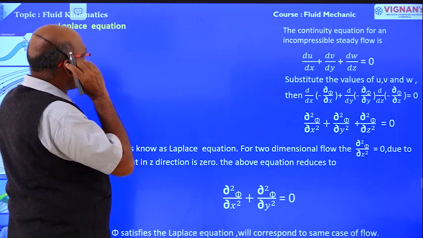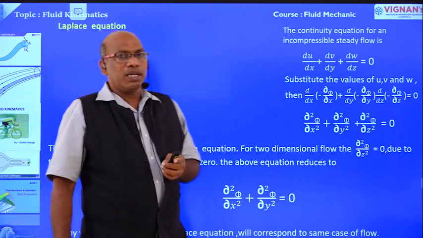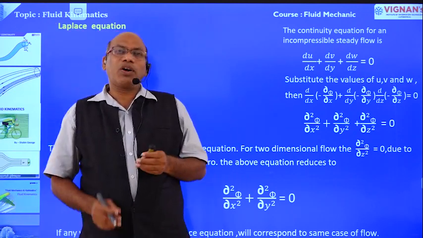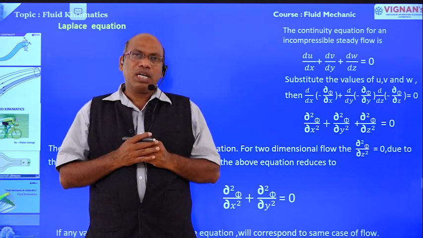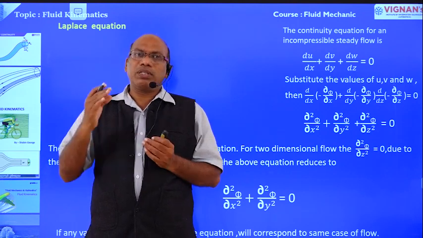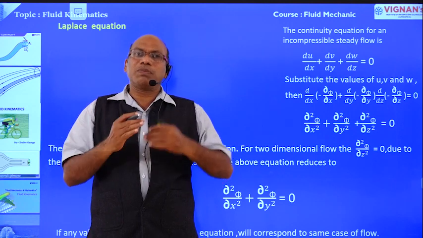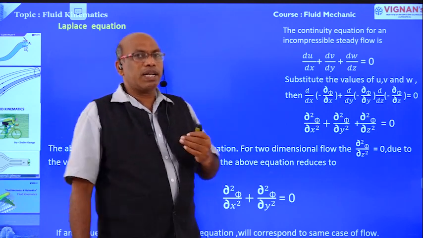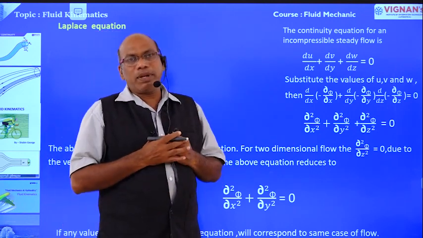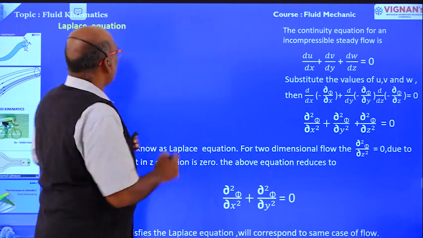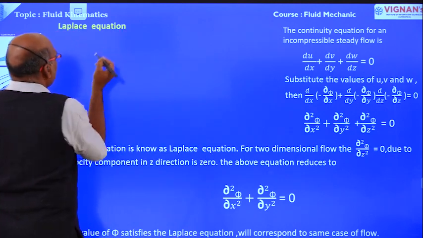Laplace equation. Here we know the continuity equation first, with the velocity components u, v, w in the directions x, y, z. How to derive the Laplace equation? We know the continuity equation. What is the continuity equation?